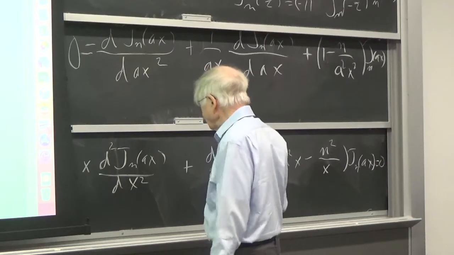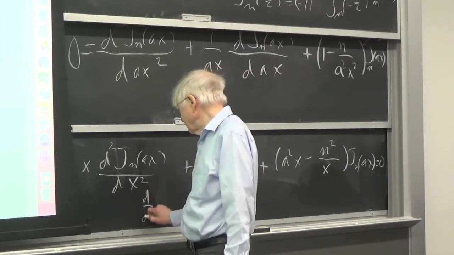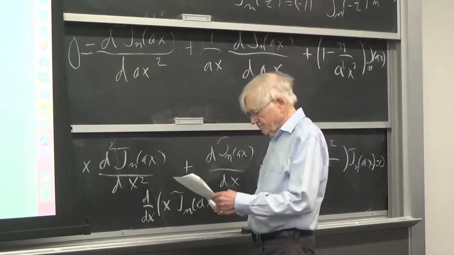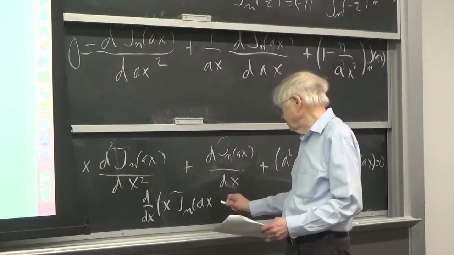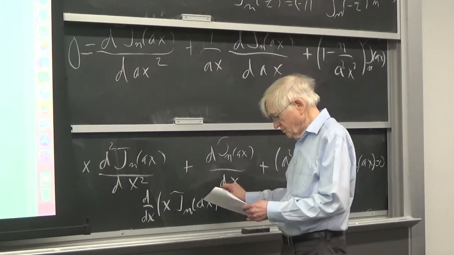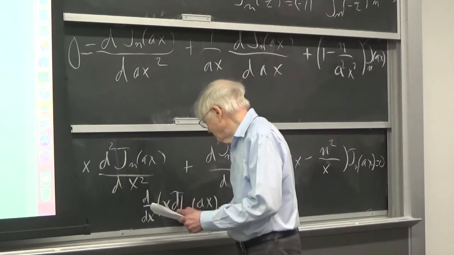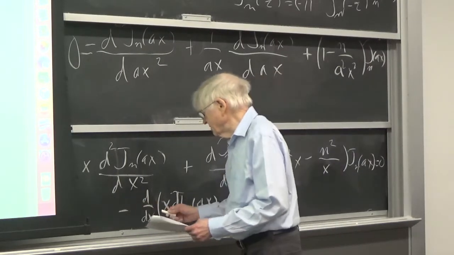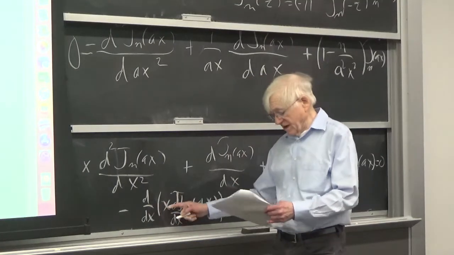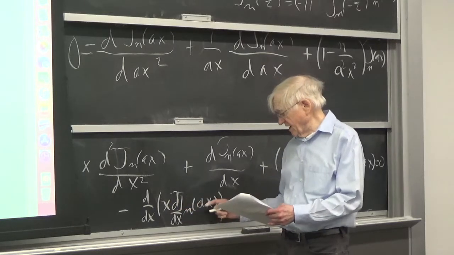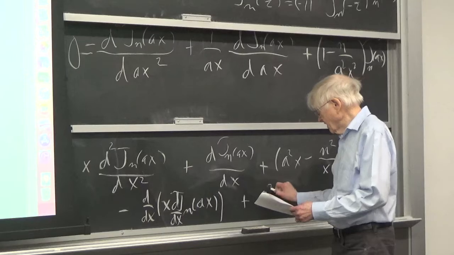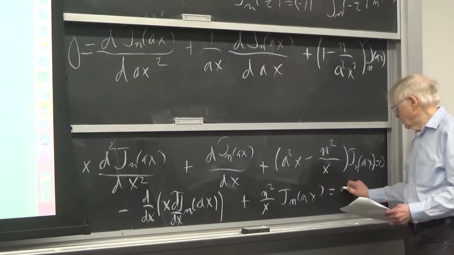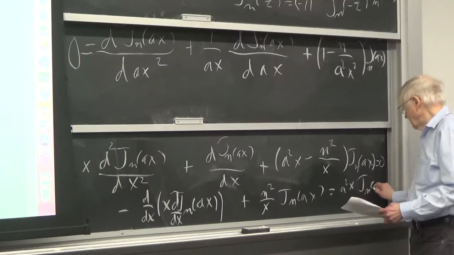And if we write this in self-adjoint form, we can write this as, well, in the full self-adjoint form, it's minus d by dx of x dJn of ax dx plus n squared over x Jn of ax equals a squared x Jn of ax.